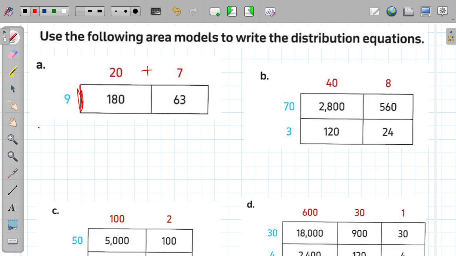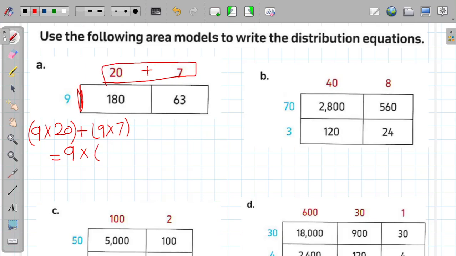So it will be 9 times 20 plus 7, equals 9 times 27.